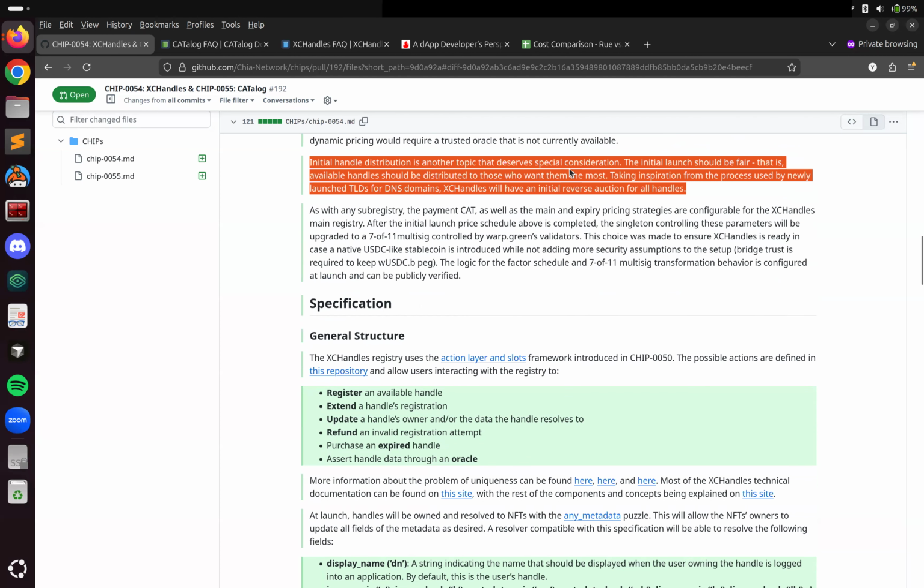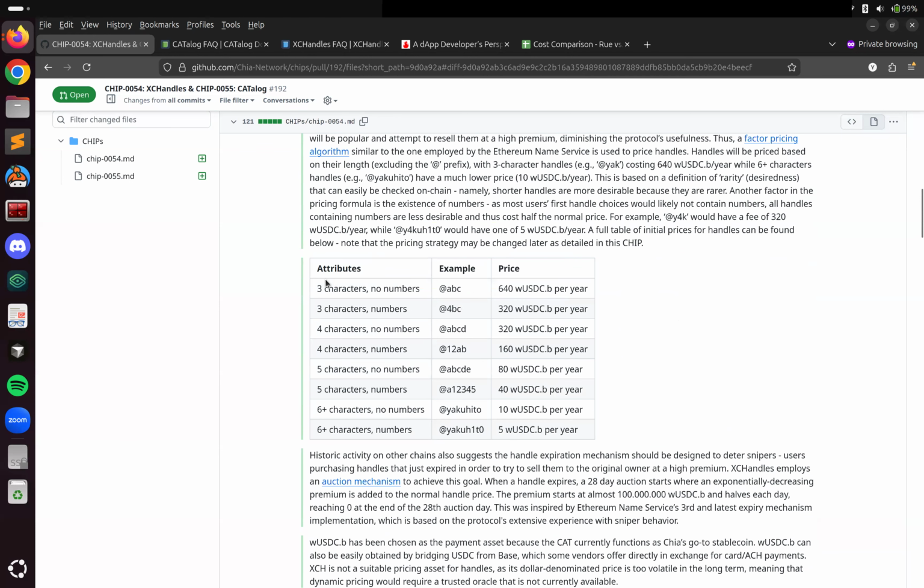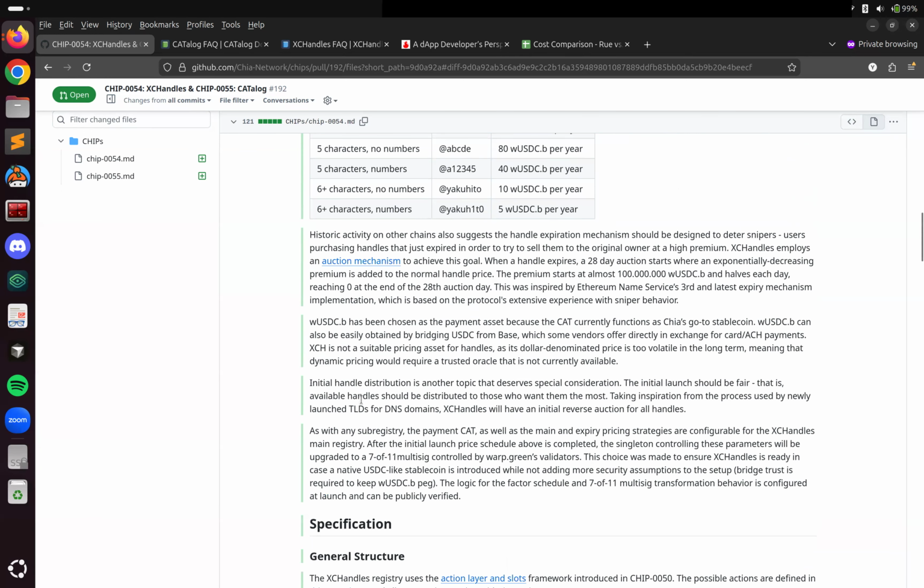Now, during launch, because this is a new handle system, people shouldn't just try to register on the first second, because this algorithm that only checks on-chain data might not be accurate. So for example, it doesn't use the fact that handles could be words at all. There's kind of a secondary auction that only happens when the registry is launched.